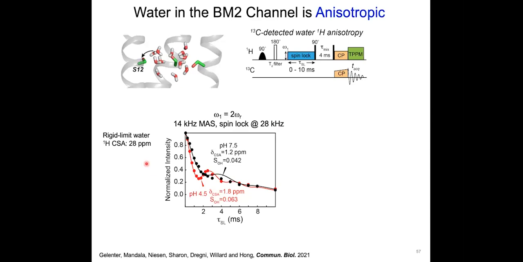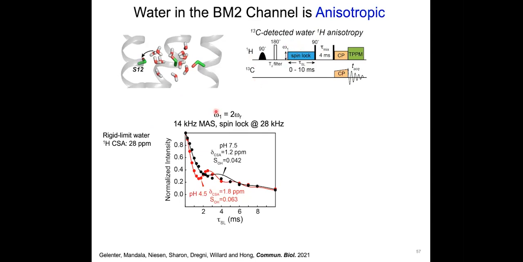But an orthogonal type of experiment is that in addition to transferring water magnetization to protein, before you let it transfer to the protein, you can insert something interesting here. You can do a spin lock experiment while the magnetization is still on water. And the spin lock is done in a way to recouple anisotropic interactions. This is a sequence that exists in the literature.